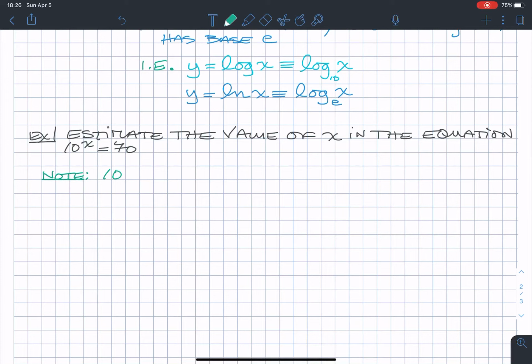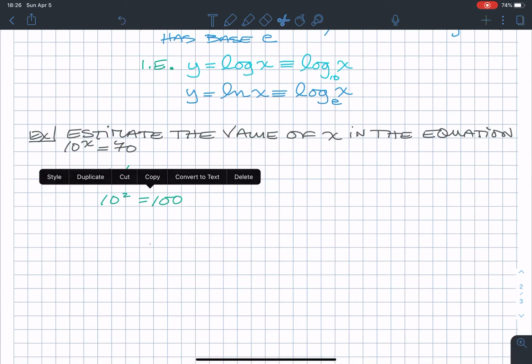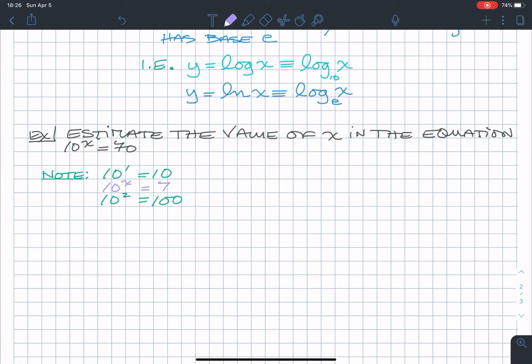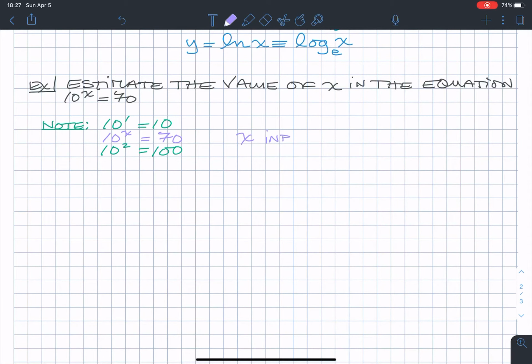Do you agree that 10 to the first is 10, and 10 to the second is 100, right? I claim that 10 to the x is 70 is somewhere in between 10 and 100, right? So whatever x is, it's in between 1 and 2. So far, so good. So x is in between 1 and 2. The exponent, right?